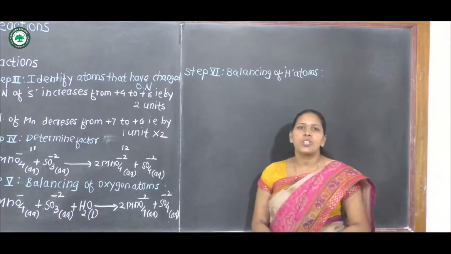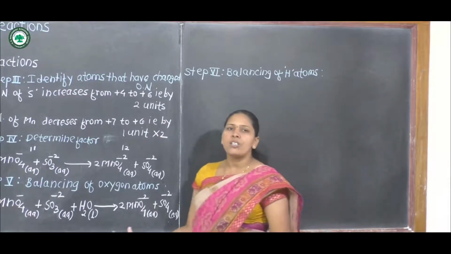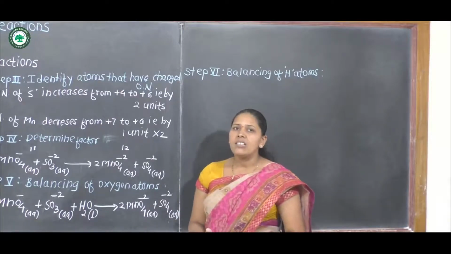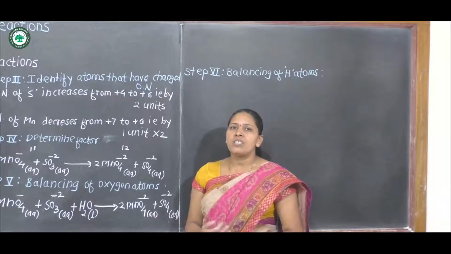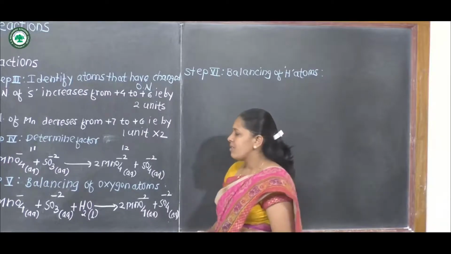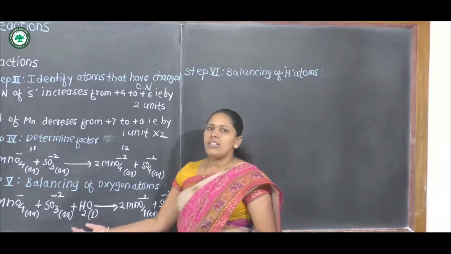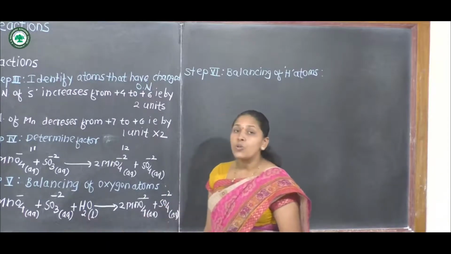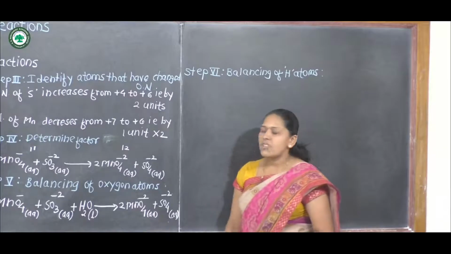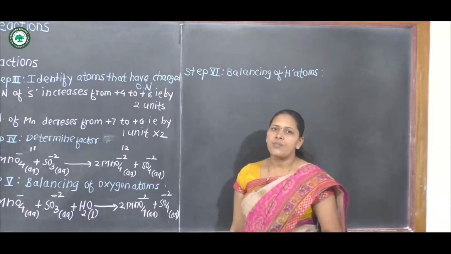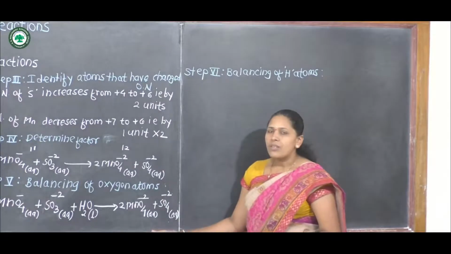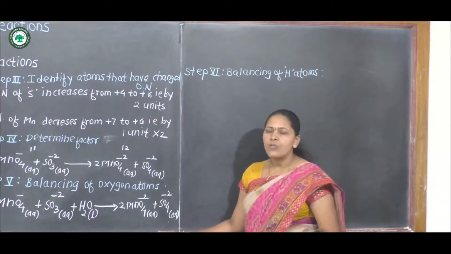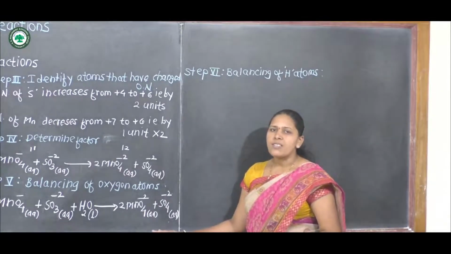How to balance hydrogen? First of all, calculate number of hydrogen atoms on both sides of the equation. Then add H plus ion to the side containing fewer hydrogen atoms. On the left hand side, that is the reactant side, there are 2 hydrogen atoms, and in the product side there is no hydrogen atom. Therefore, product side contains 2 fewer hydrogen atoms. Therefore, we have to add 2 H plus ions to the product side.